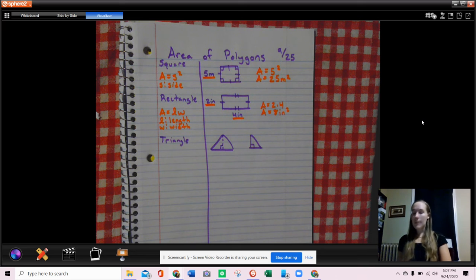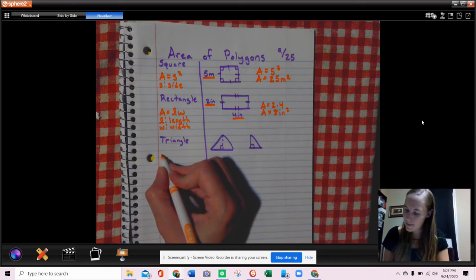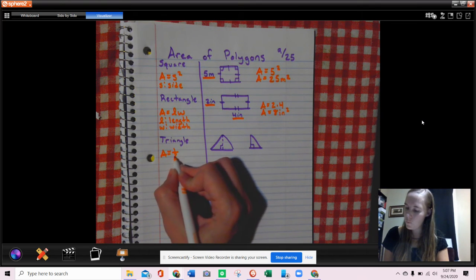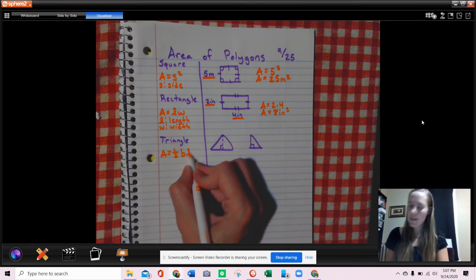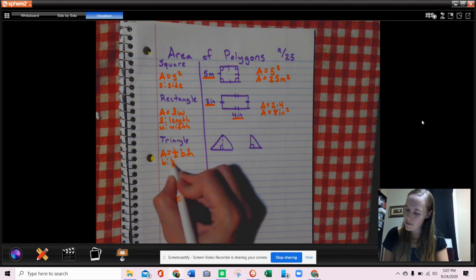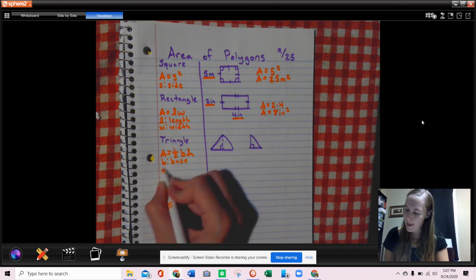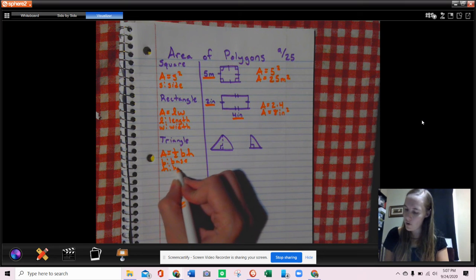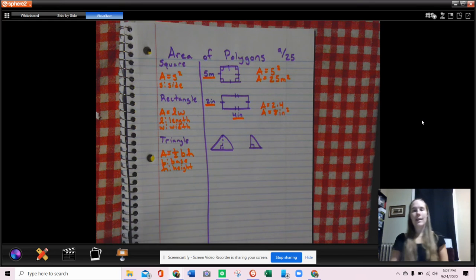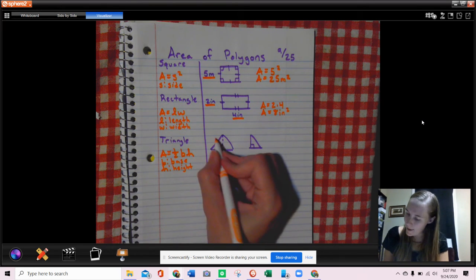And the reason being is the area of a triangle is 1/2 base times height. So that B is your base, that H is your height. So this dotted line here is the height.